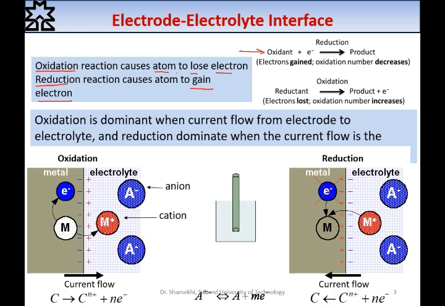As you can see, the oxidant plus an electron in the reduction reaction generates the product. In the product, the oxidation number will decrease and the number of electrons in the product will increase.